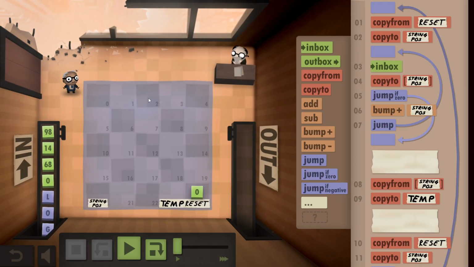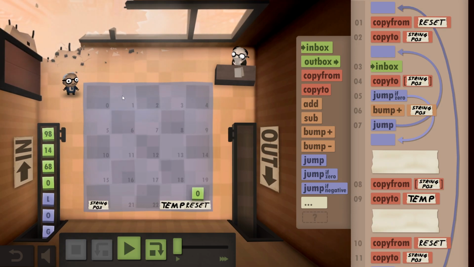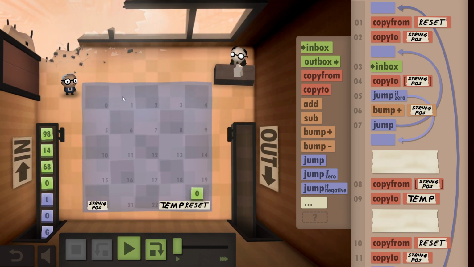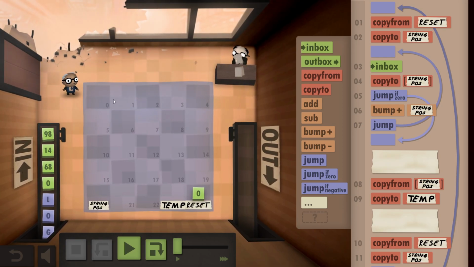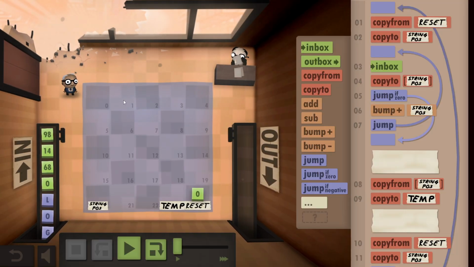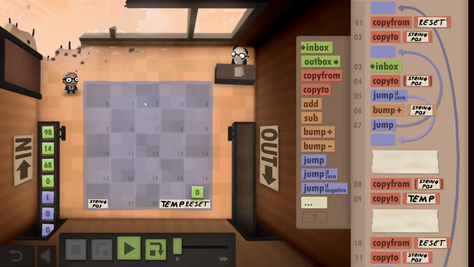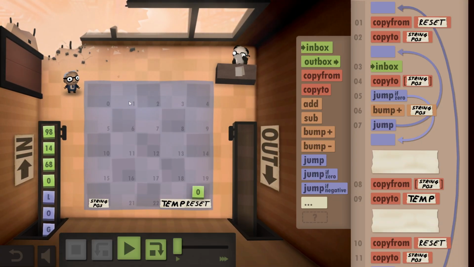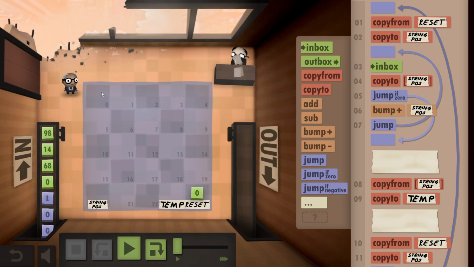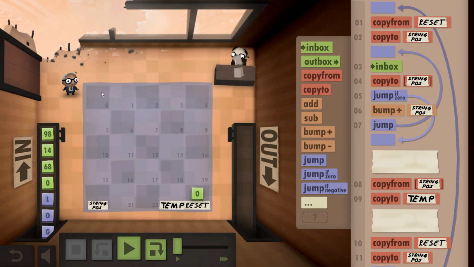But I can't check it because I need to bump it down. Check that versus... This is confusing as hell.